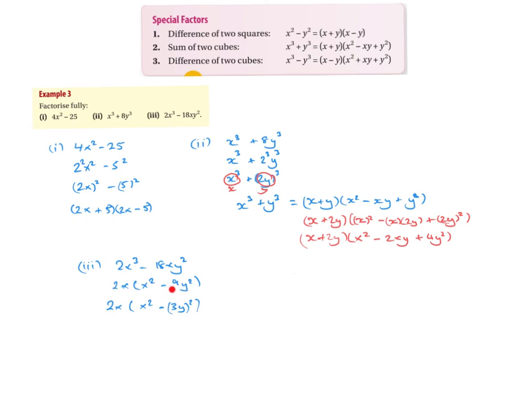We factorized it, it's just not finished because we can factorize it further. So let's finish off the factorization. We've got 2x. This now turns into 2 brackets. And we've got x, 3y. Okay, x, 3y. And one of them becomes a positive, one of them becomes a negative, and that now has been fully factorized.